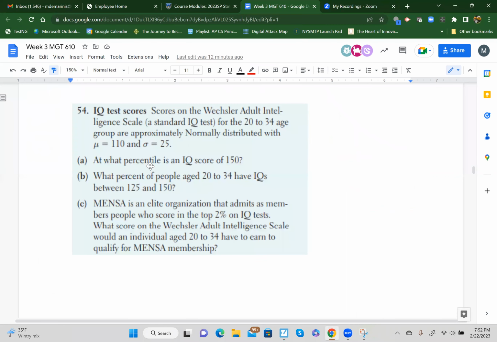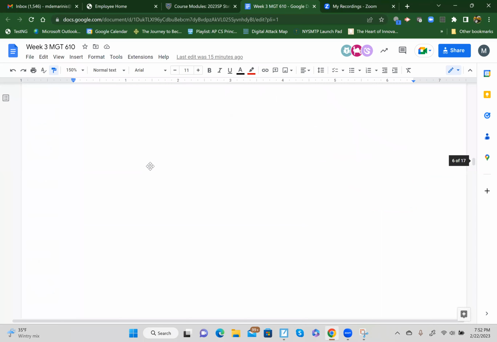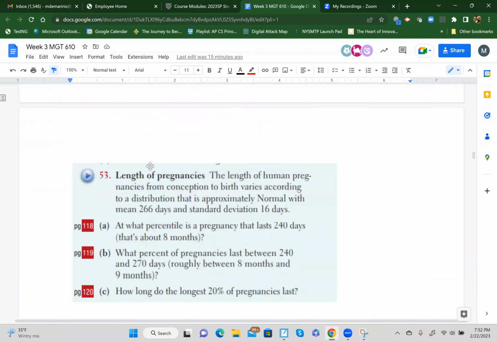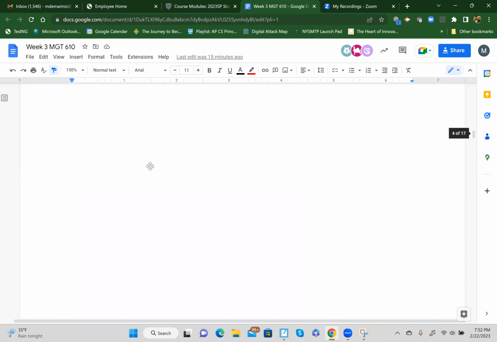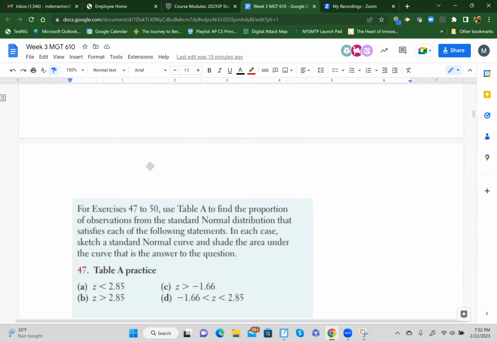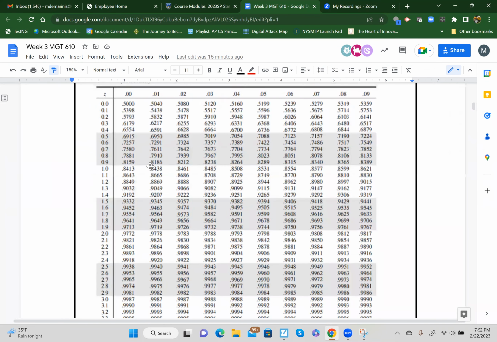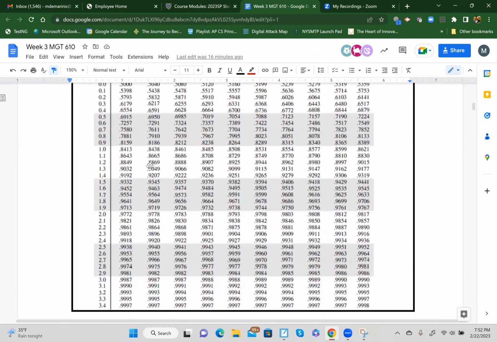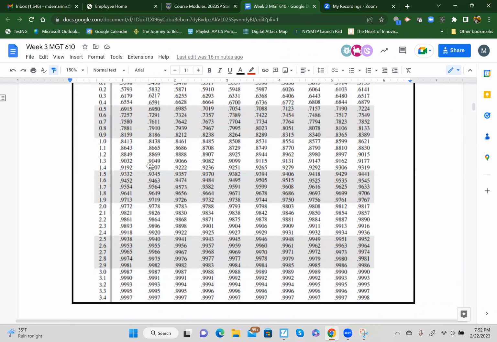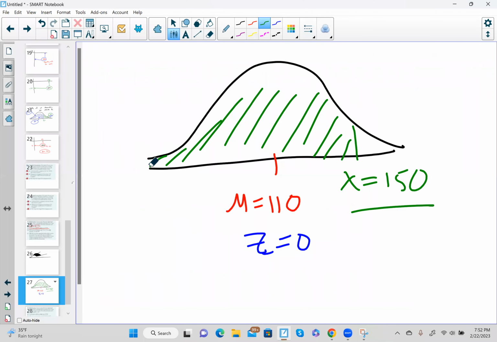The only way we're going to be able to use that normal distribution table we used a whole bunch of times to start tonight's lesson is to have z-scores. We need z-scores, and we do not have z-scores. So somehow we have to take this 150 and make it into a z-score.